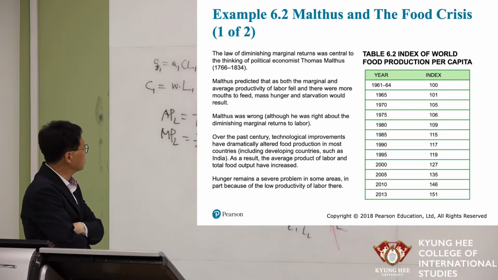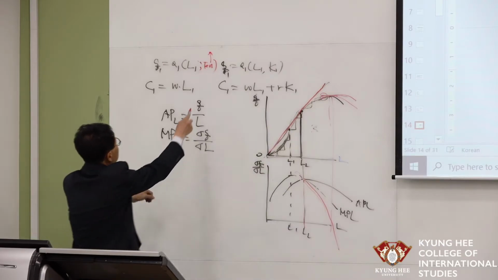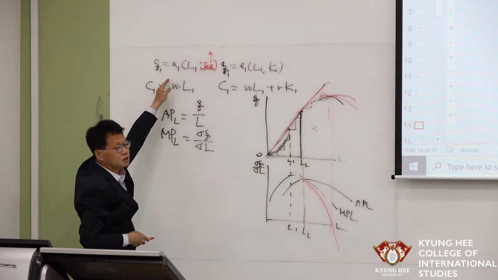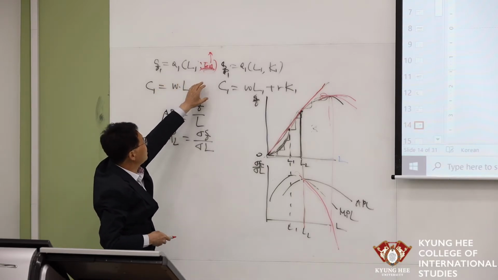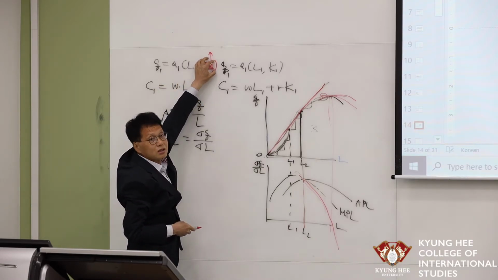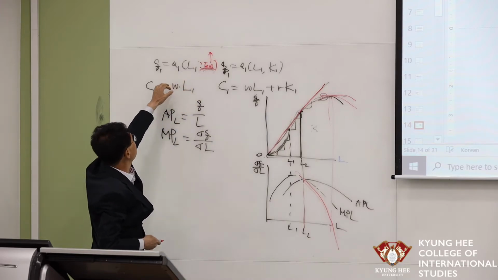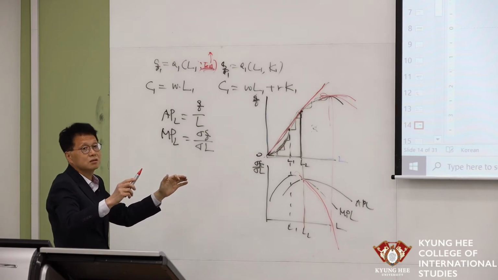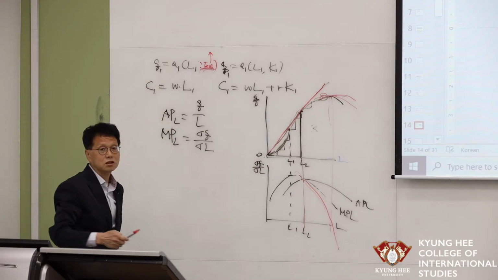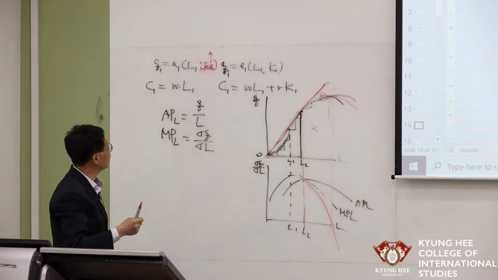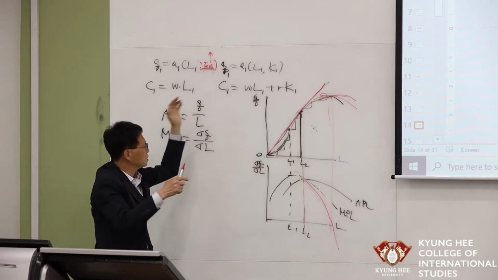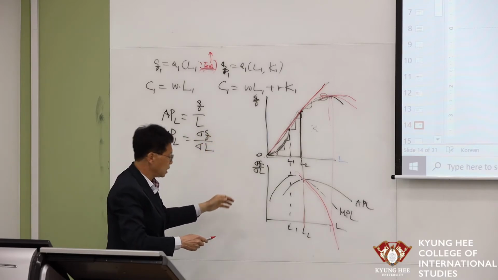If we look at past centuries' data, technological change happened in the food production function. Malthus ignored technological improvement: as labor increases, Q increases at a decreasing rate, but demand for food increases more rapidly than food production, so starvation happened. But that doesn't happen because of technological improvement. Technology increases and increases, okay?